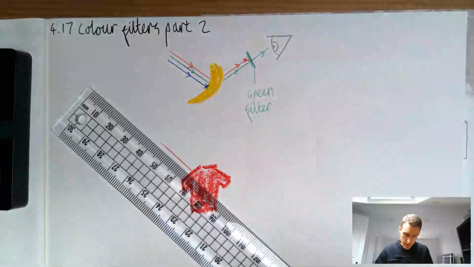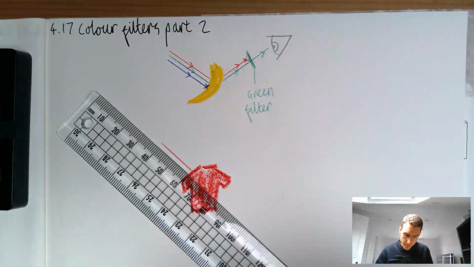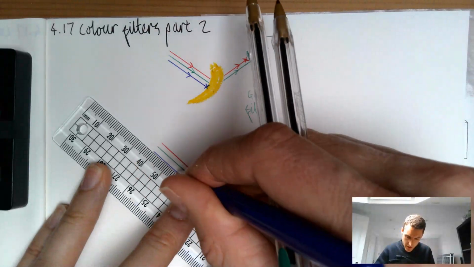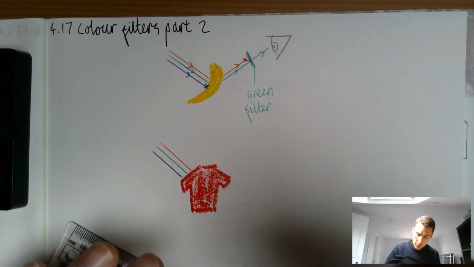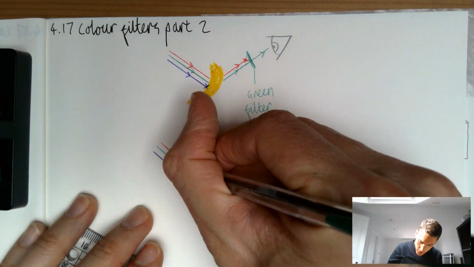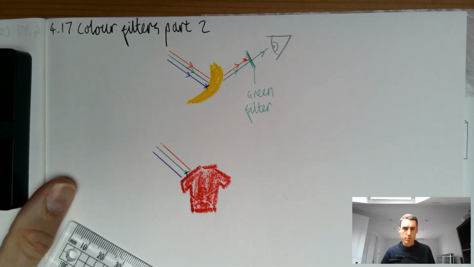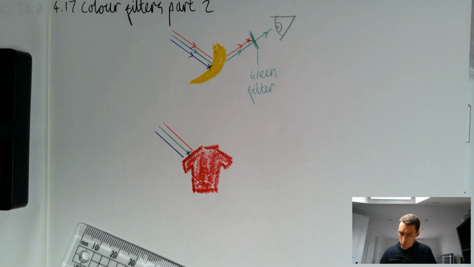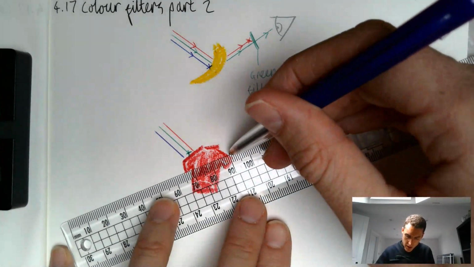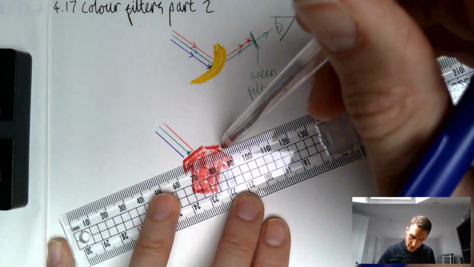So if I draw my red light coming in, my green light coming in, and my blue light coming in. Now if this really was magenta, what would be happening is that all of the green light would be absorbed by the shirt. So what would be reflected from here would be the blue and the red.